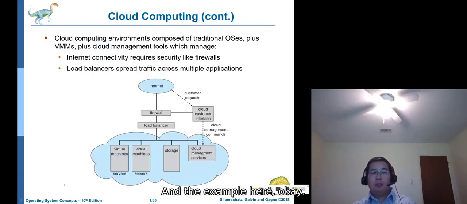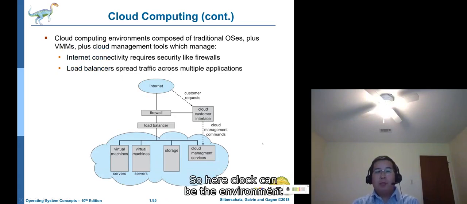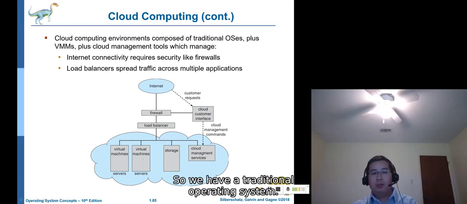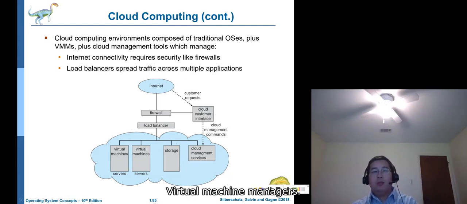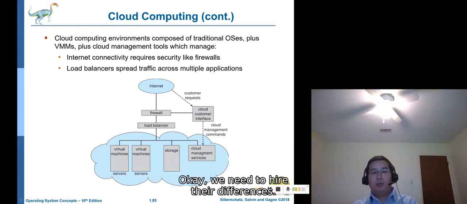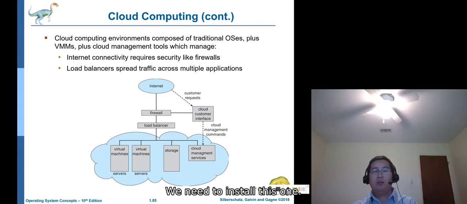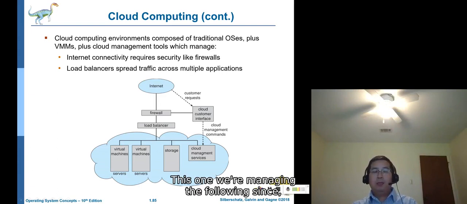Another example here. Here is a cloud computing environment composed of traditional operating systems plus virtual machine managers. We need to hide the hardware differences and operating system differences from the users. We need to install this one, plus cloud management tools. This one will manage the following things.